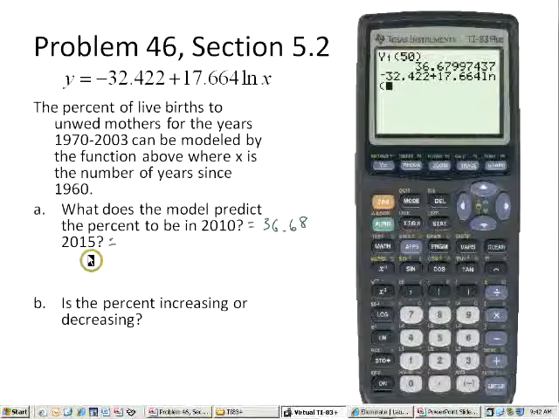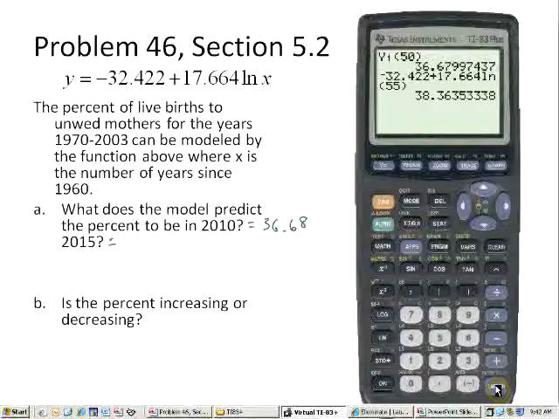Now again, in the year 2015, since our x value is the years after 1960, 2015 minus 1960 is going to be 55. So we'll put in 55, and once we press enter, we get our answer.